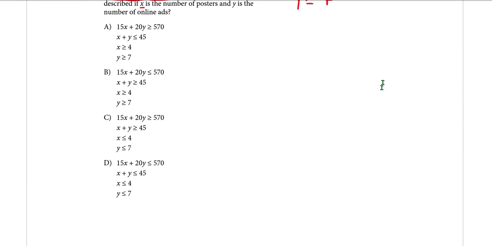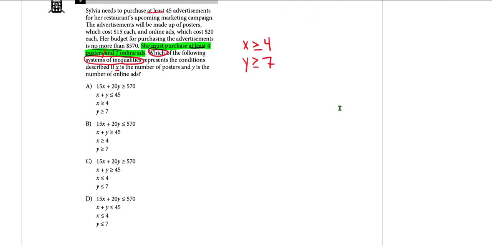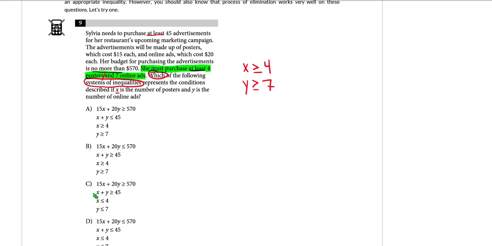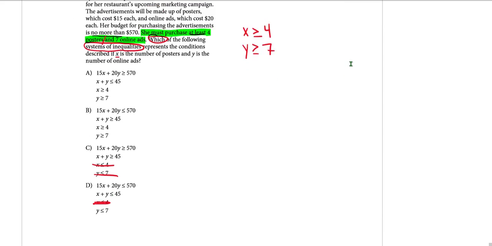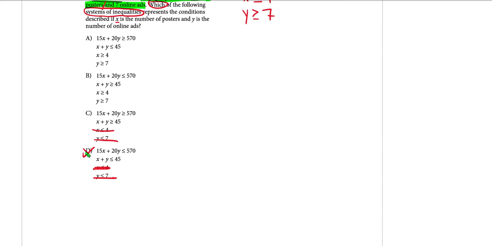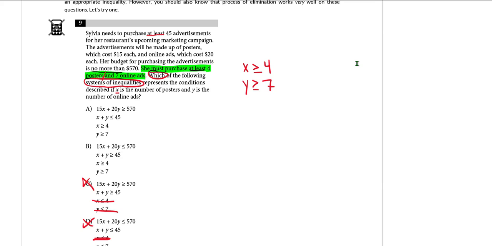We have answer choices C and D that do not contain the correct inequalities. We have X is greater than or equal to 4 and Y is greater than or equal to 7, and answer choices C and D flip the sign to a less than or equal to. So C and D are gone, and now we just need to worry about A and B.